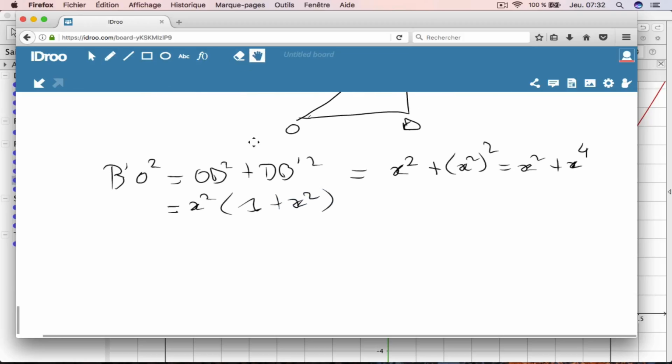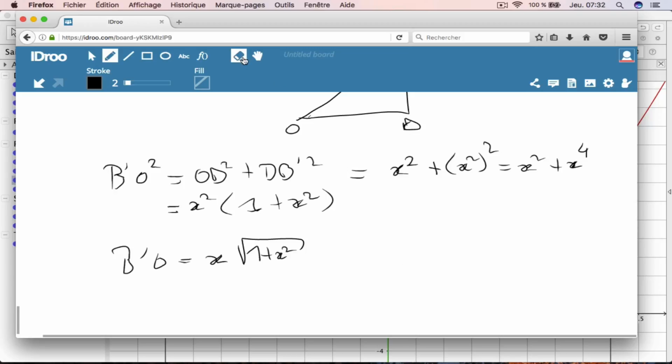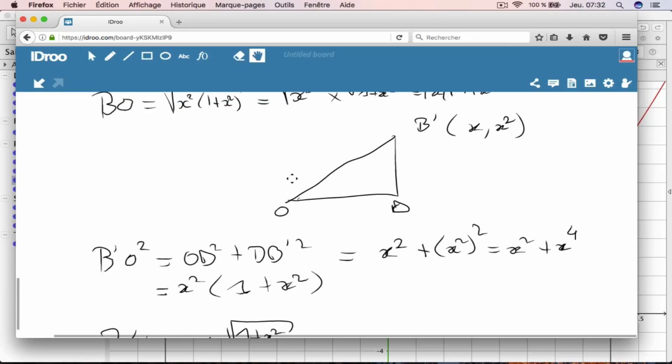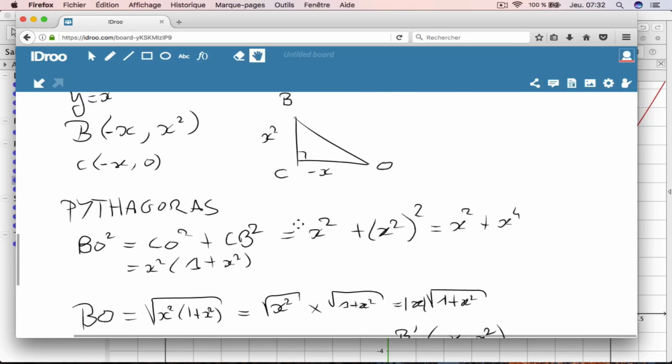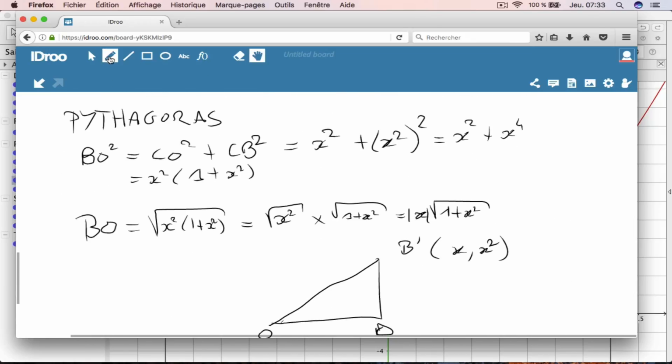So that's the same calculus, and we get the same length, B prime O without square, sorry, which is equal to x times the square root of 1 plus x squared. So let's just have a look here.